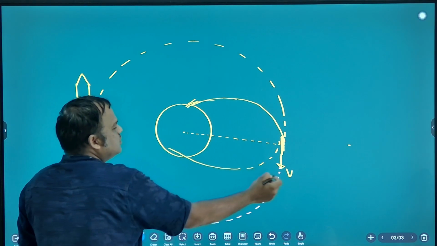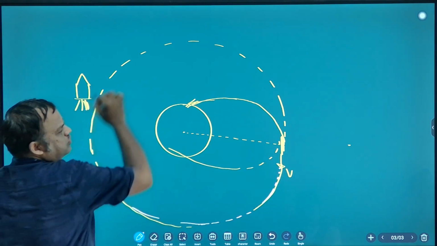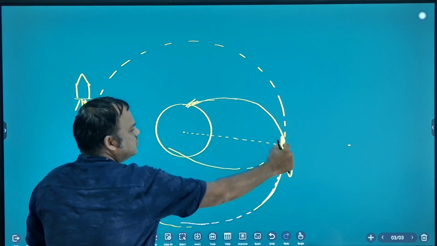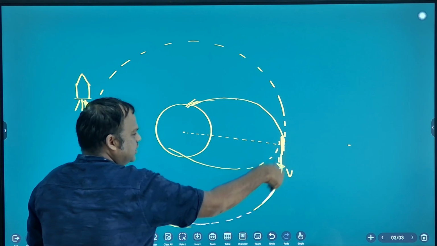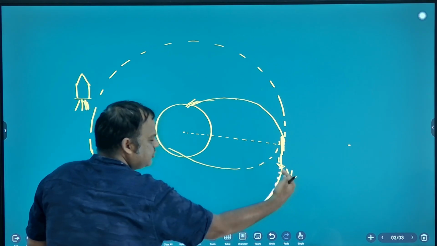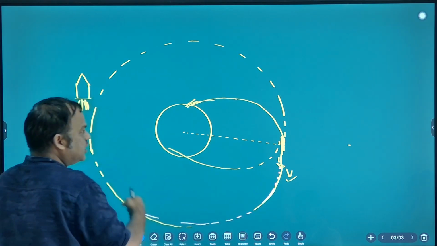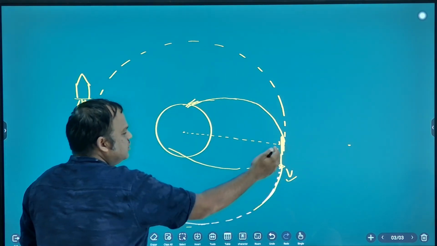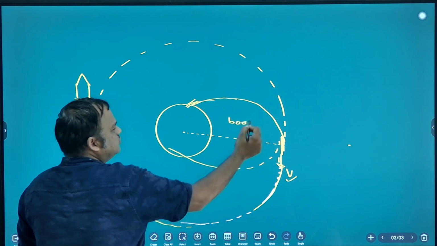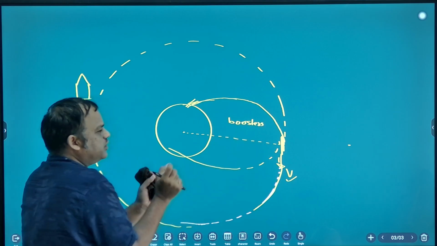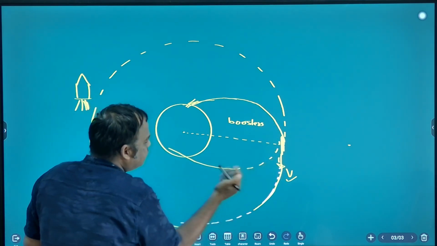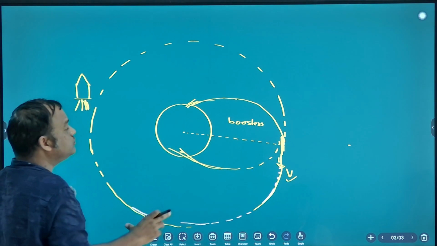Rocket will take the satellite up to some height and throw it into the orbit, giving speed v. The satellite will start performing circular motion. The remaining rocket parts like boosters, which burn the fuel, will fall back on earth. Okay, clear?